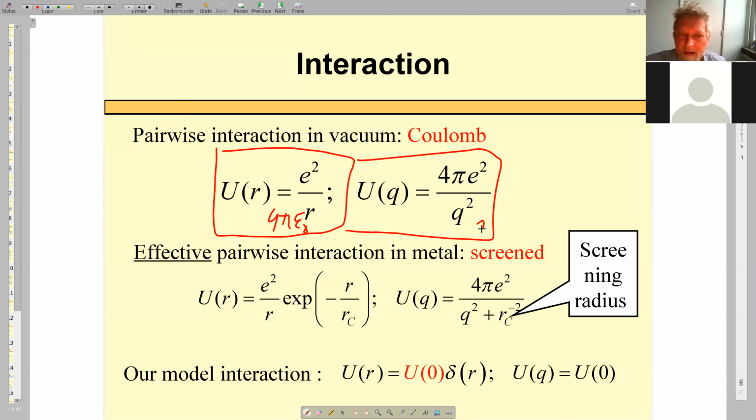So if we consider 2 electrons in the vacuum, 1 and 2, I have to take into account that there are many other electrons around, and they screen the interaction between these 2 electrons.